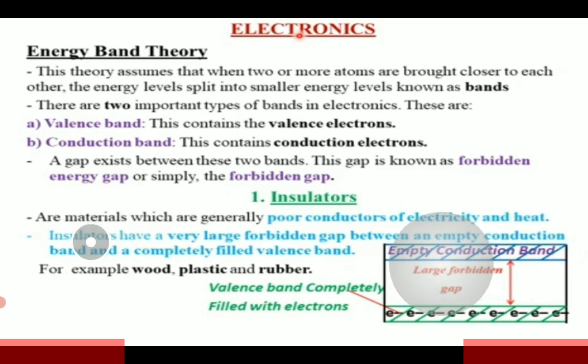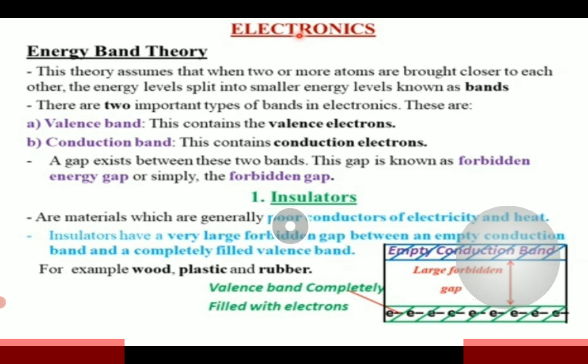Insulators are simply materials which are generally poor conductors of electricity and heat. They are also considered to be bad conductors of electricity and heat.